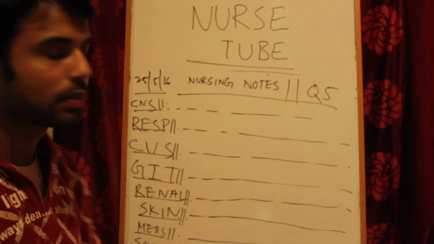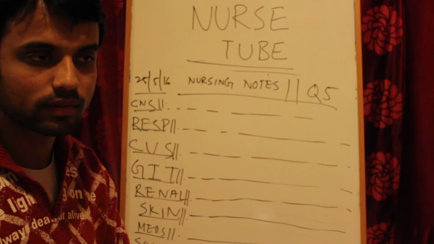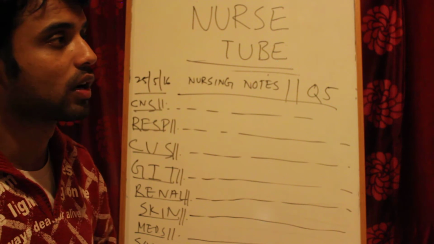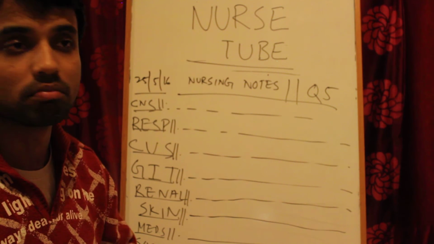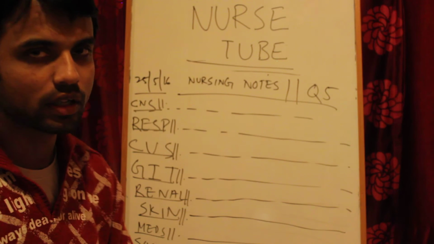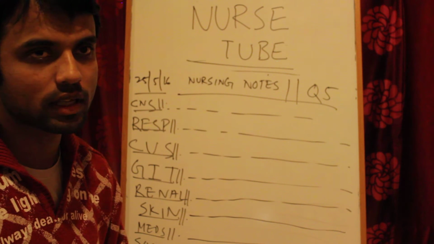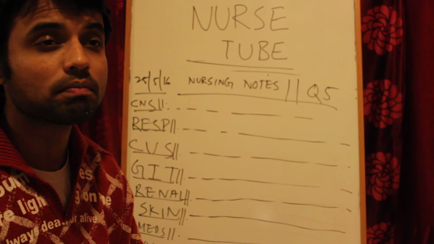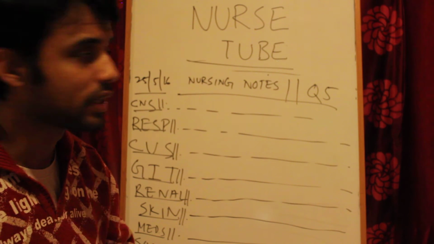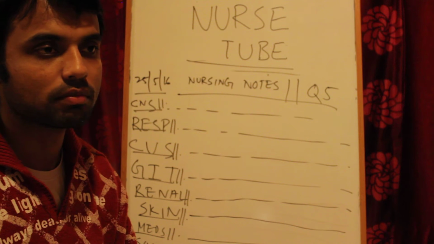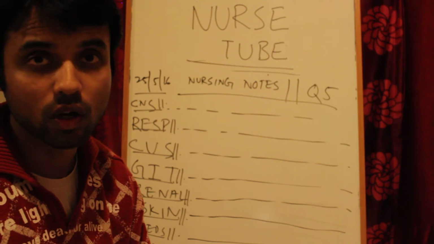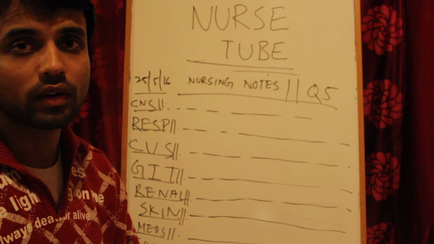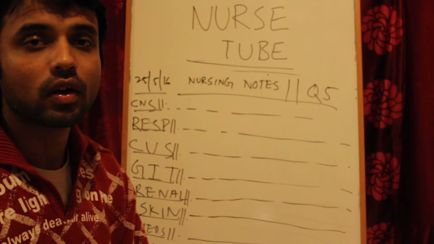So when you say the patient is not alert or orientated, you talk about the sedation score, you talk about the Glasgow Coma Scale. If you don't know what I'm talking about, I will cover the Glasgow Coma Scale in a neurological video. That is a separate video, but if you know about neurological observation, you can write GCS, which is scored out of 15.